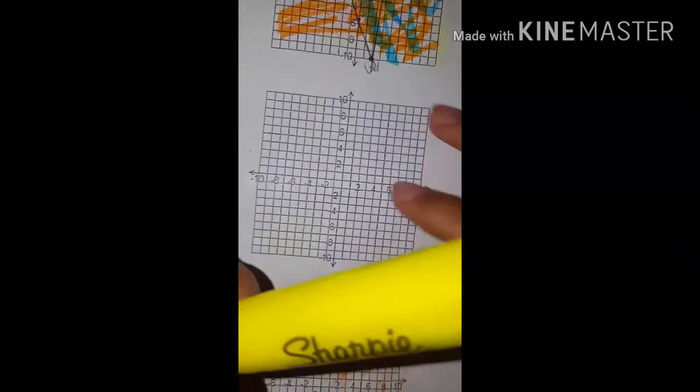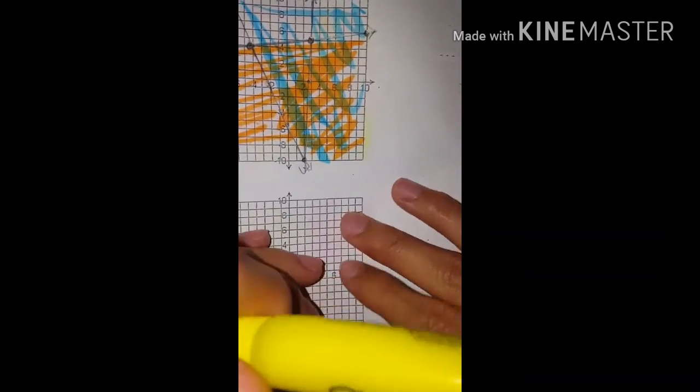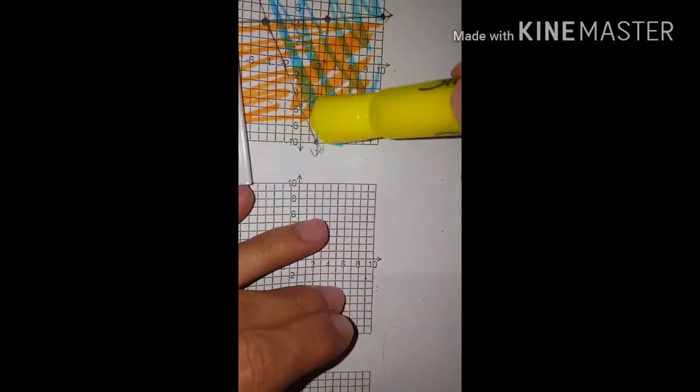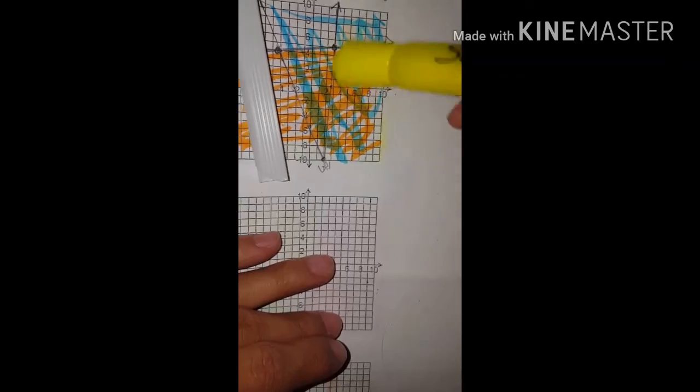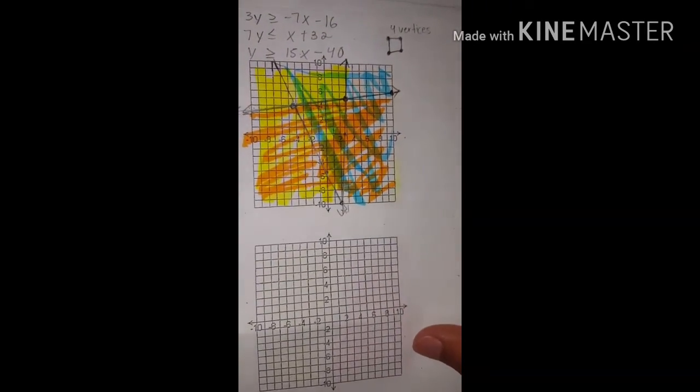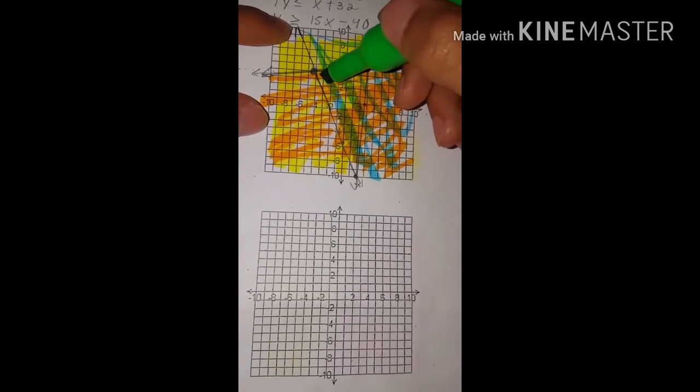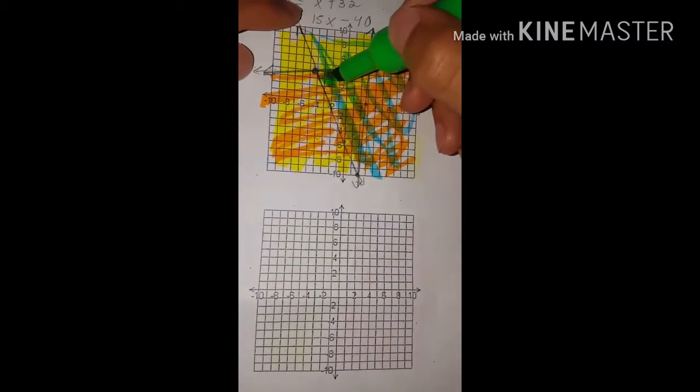So alright, you go back to the inequality and see where you have to shade the line you just plotted. Alright, so now that we got the 3 lines, we are gonna shade the area where the 3 lines are.